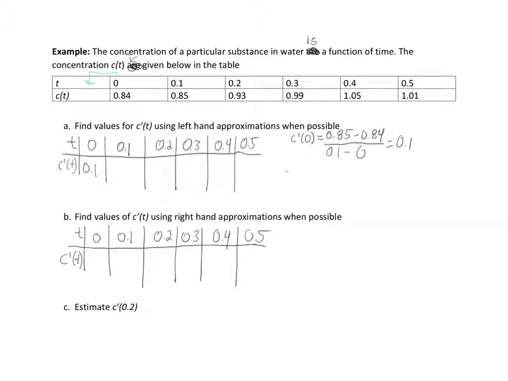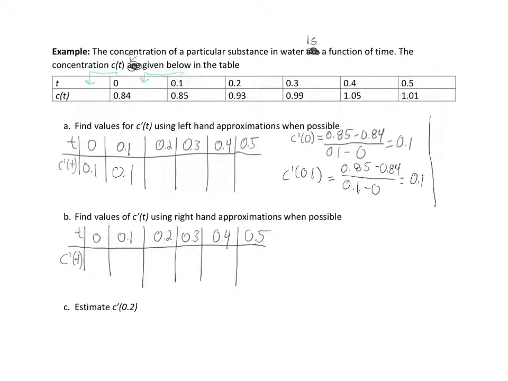So to estimate c prime of 0.1, the next point, again, I want to use the value to the left. To find this one, I would say 0.85 minus 0.84 over 0.1 minus 0 is 0.1. Those values repeated because I didn't have a value to the left of 0 to use.